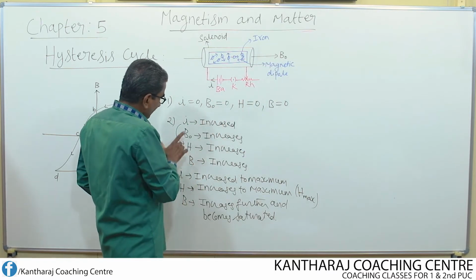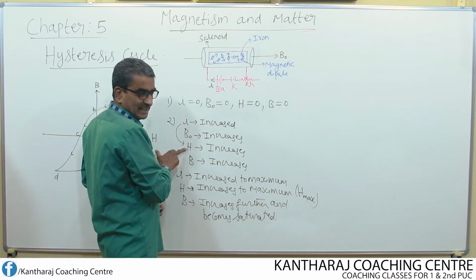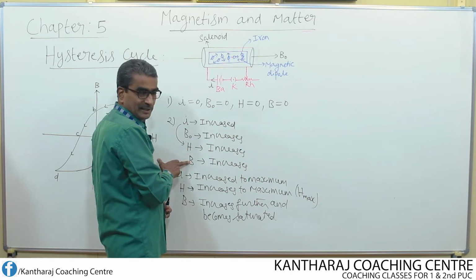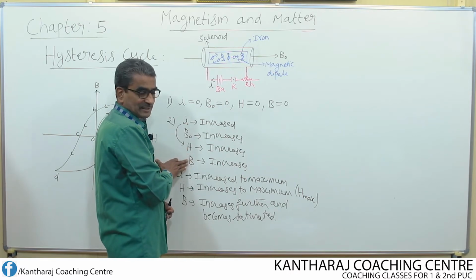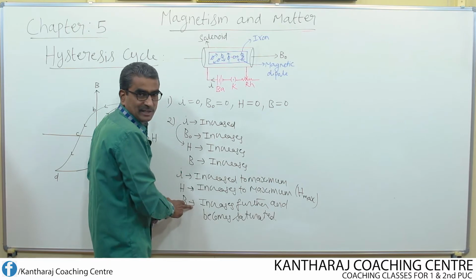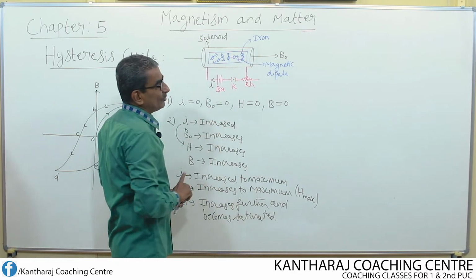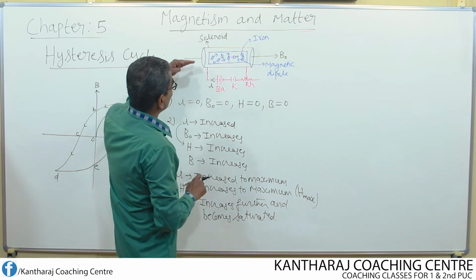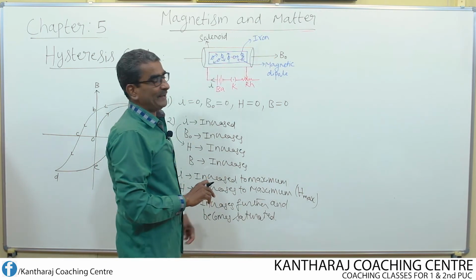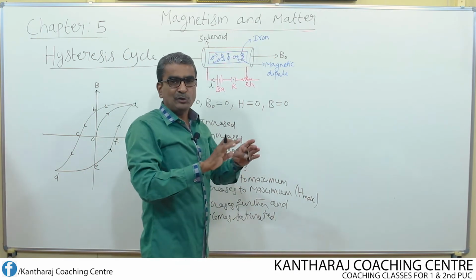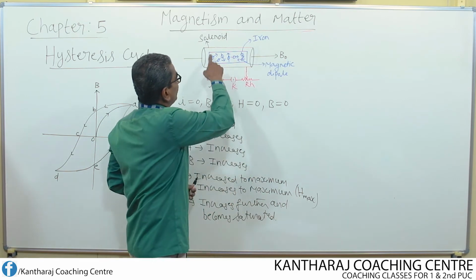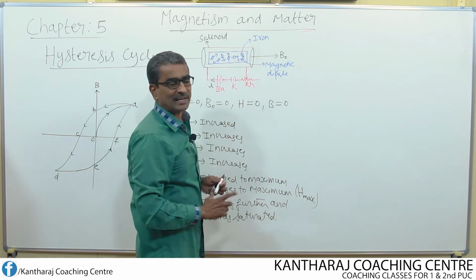So if I is increased, H increases, B also increases, and then it gets saturated. It means that all the magnetic dipoles now orient themselves along the direction of the magnetizing field, and no more magnetic dipoles are left in random direction.